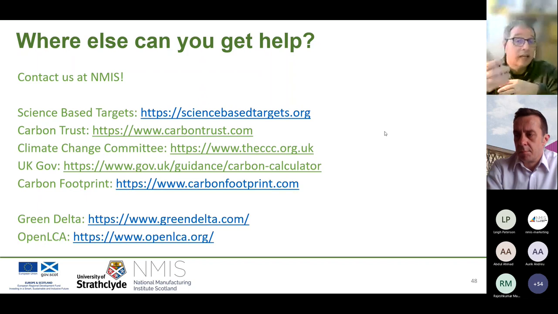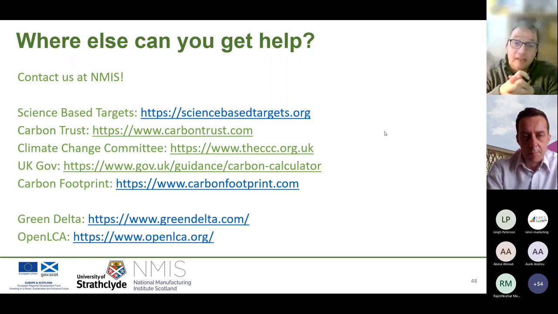Industry would say we are following science-based-targets.org to show some credibility with how they calculate their carbon footprint. We've got the Carbon Trust. The Climate Change Committee for the UK provides a lot of information, and UK Gov has a very simple carbon calculator, but it's a good first start to understand what the carbon footprint is.